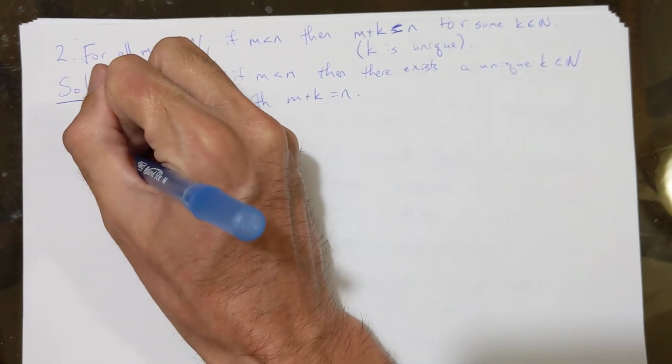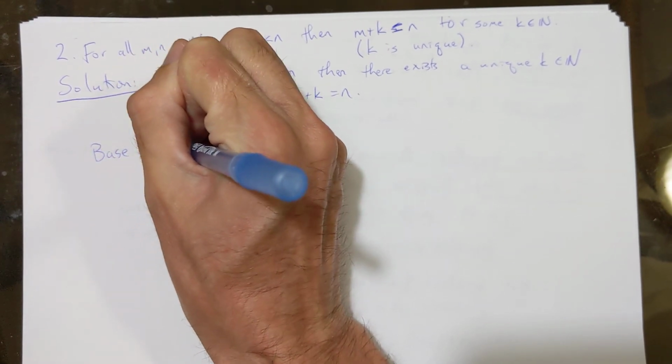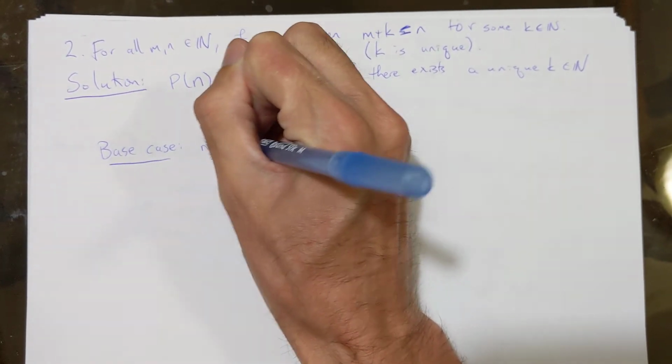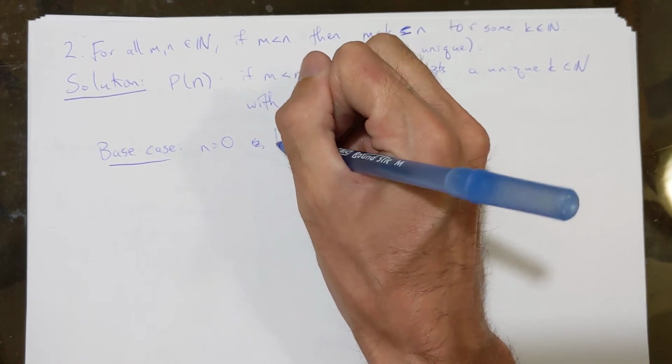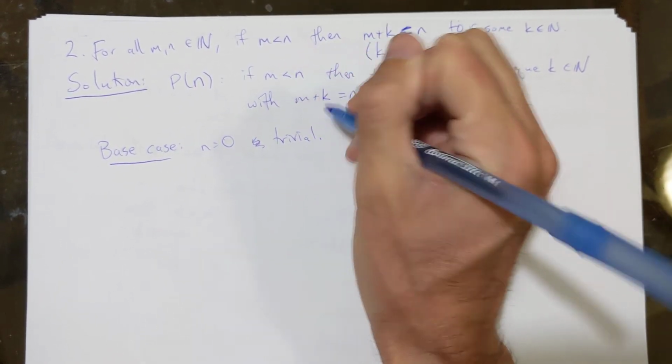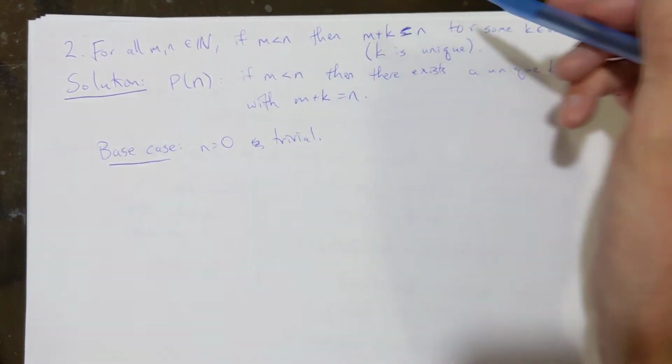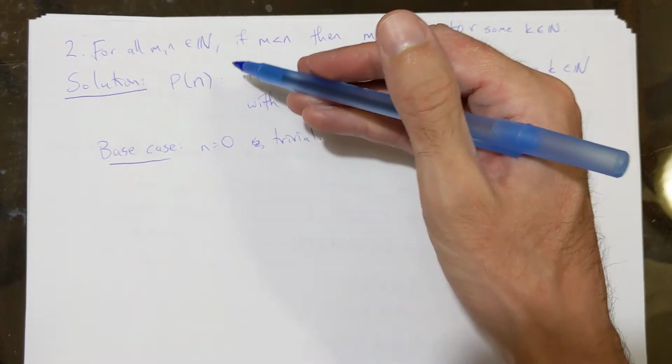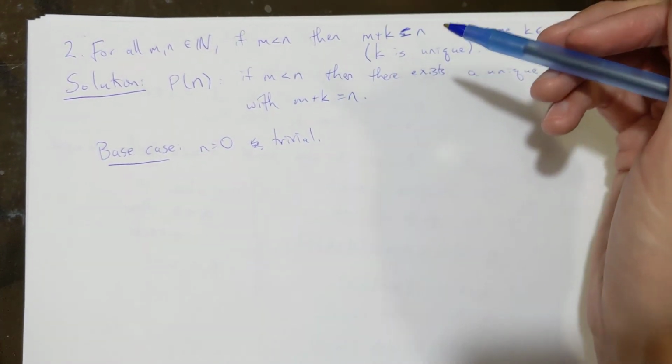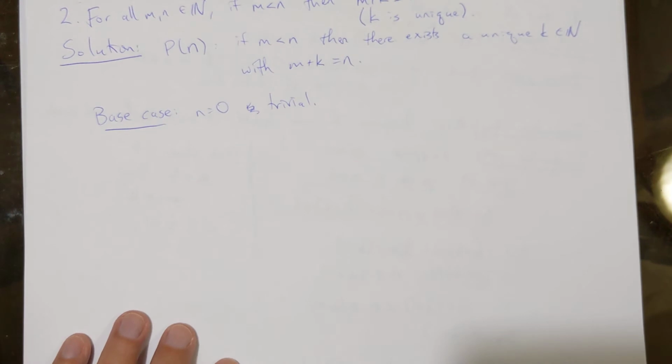Okay, and our base case is n equals 0, which is trivial. There's no natural numbers less than 0, so there's nothing to show when n equals 0. Trivial or vacuous.